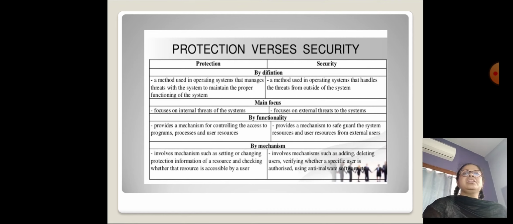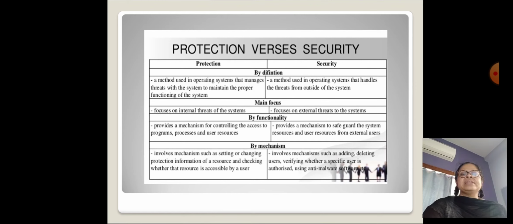In security, external threats are involved, while in protection, internal threats are involved.